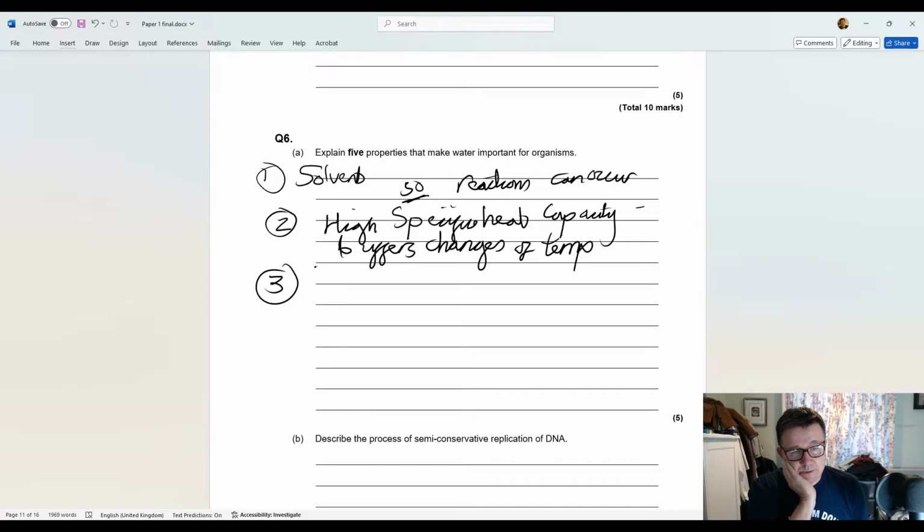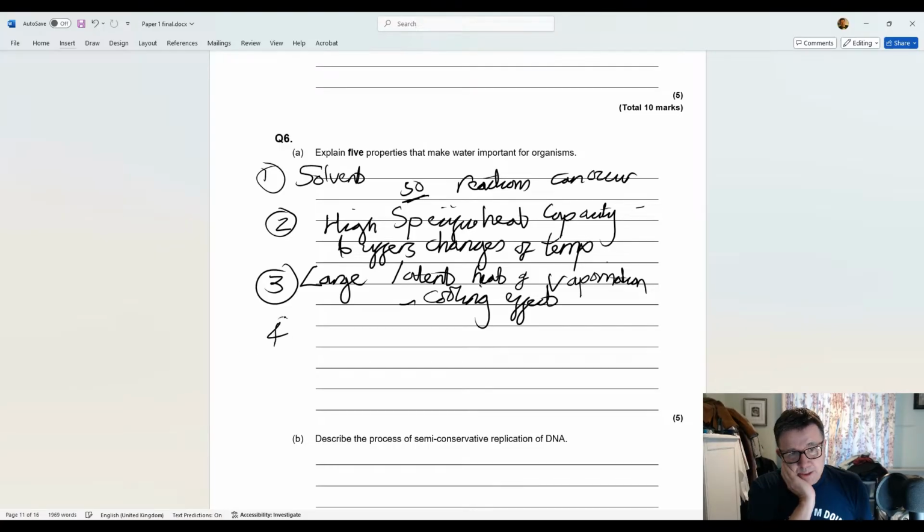I will talk about homeostasis after you've done paper 1. Large latent heat of vaporization. Why is that important? Well, in organisms, that has a cooling effect. Okay, so you get evaporation of water, okay, and you get cooling effect, which is useful adaptation.